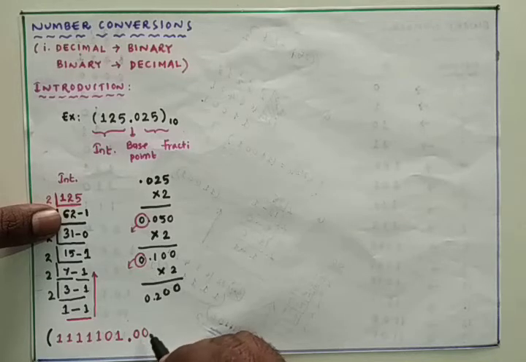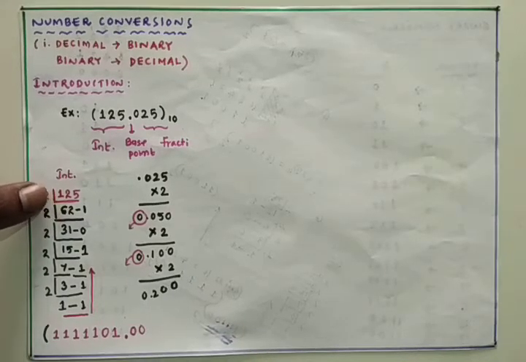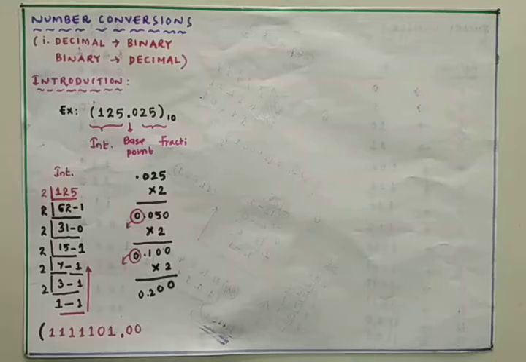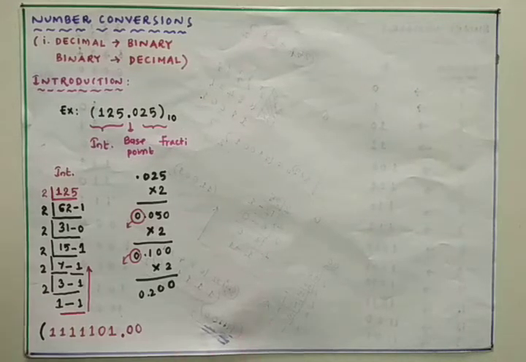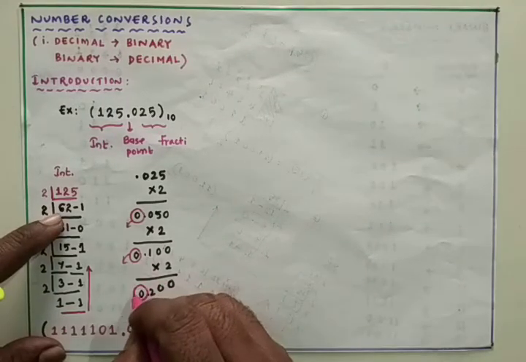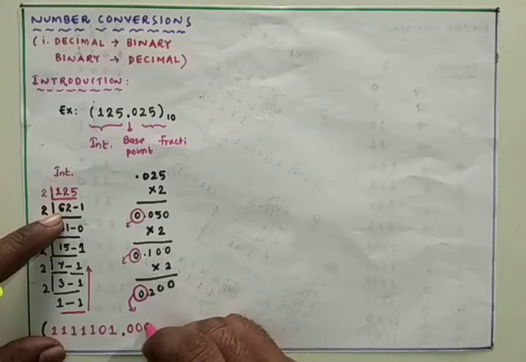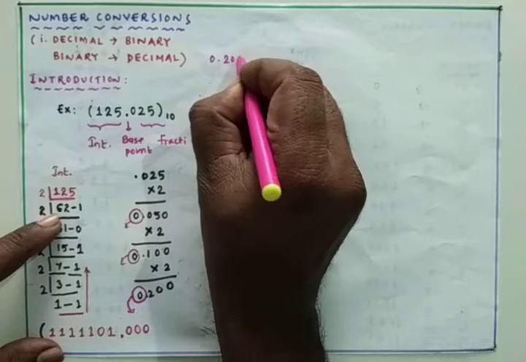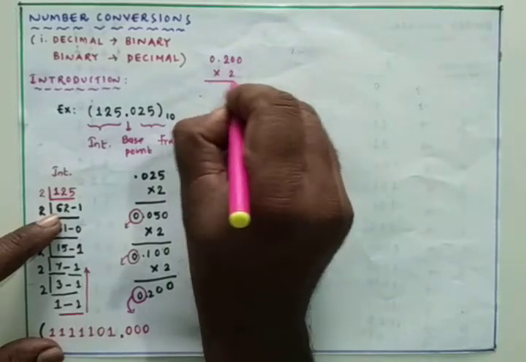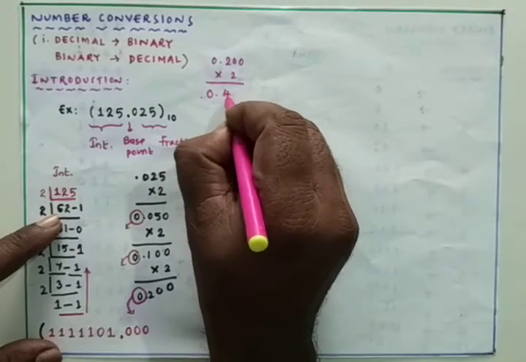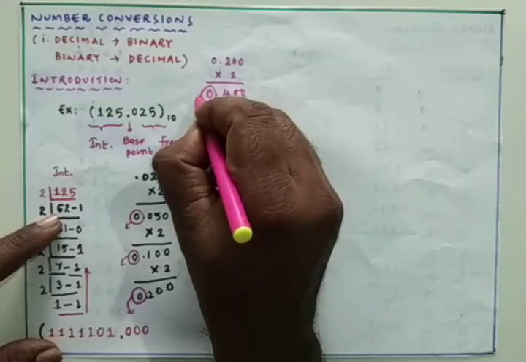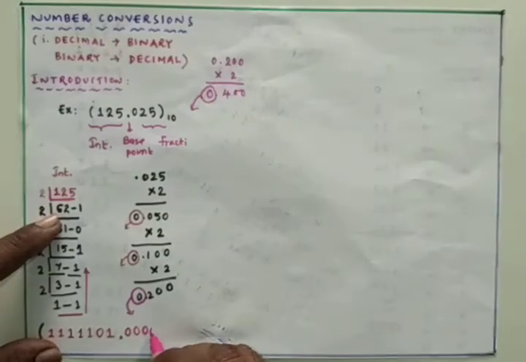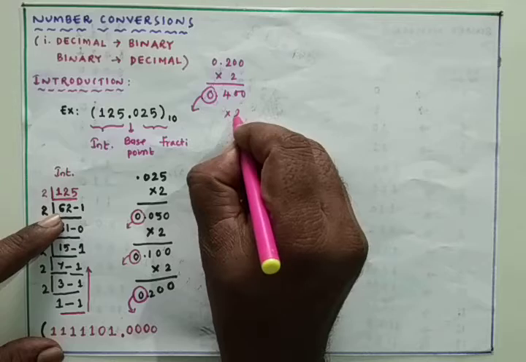We can have the data like this. So again we have to take this 0 also, so that it becomes 3 zeros. Again you have to take 0.200, and it is multiplied by 2, so that it will be 0.400. Again we have to take this 0 here, and it will be multiplied by 2.